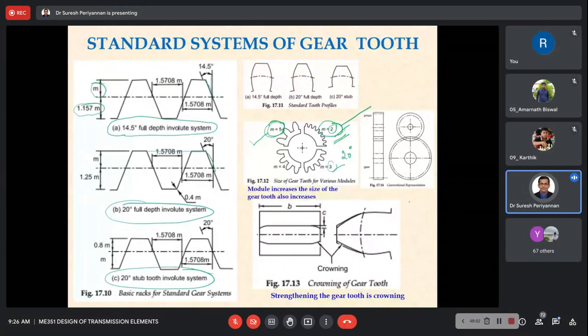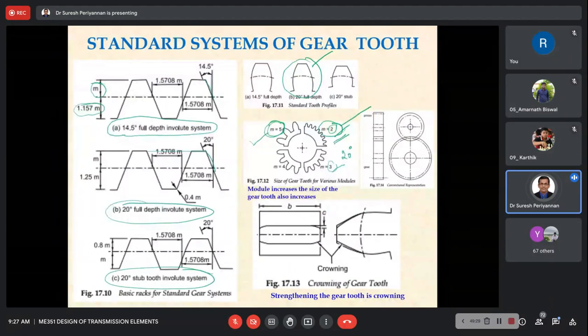I will tell you about undercutting and interference separately later. As compared to the 14.5-degree pressure angle, the 20-degree pressure angle reduces the undercutting and also the interference, due to the increased pressure angle. And also, when we go for 20-degree full depth, the length of contact is also greater.